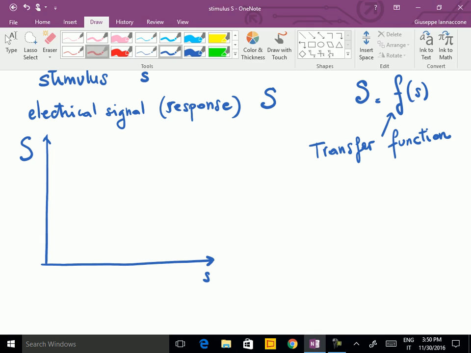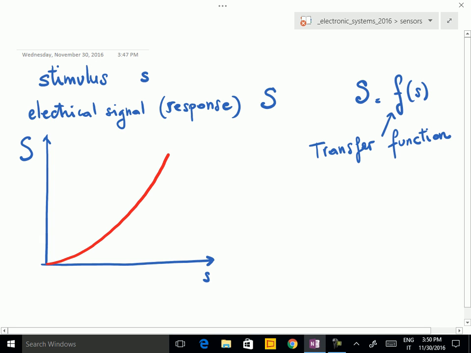In principle, we can have something, for example, like this. To each value of the stimulus, only a value of the electrical signal response. And once we know the electrical signal, we can identify just one single value of the stimulus.